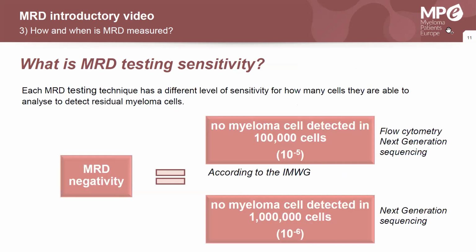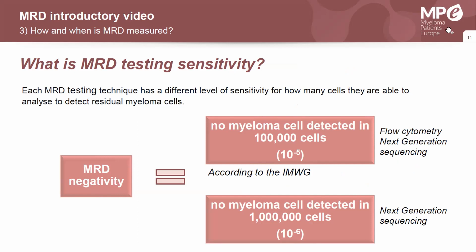So what is MRD testing sensitivity? Well, each MRD testing technique, as you've seen before, has different level of sensitivity for how many cells they are able to analyze and detect residual myeloma cells. The International Myeloma Working Group defined MRD negativity as no myeloma cells being detected in 100,000 cells using flow cytometry or next generation sequencing.